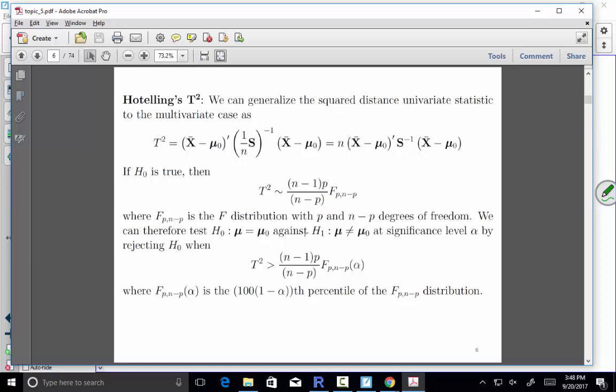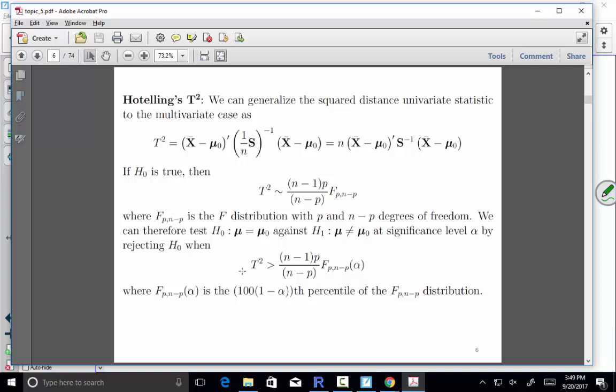So to do a hypothesis test for a multivariate mean, if my null is that the multivariate mean equals a vector mu0, and I want a two-sided alternative that mu is not equal to mu0, at significance level alpha, then we will reject the null hypothesis if our test statistic is extreme enough, big enough.